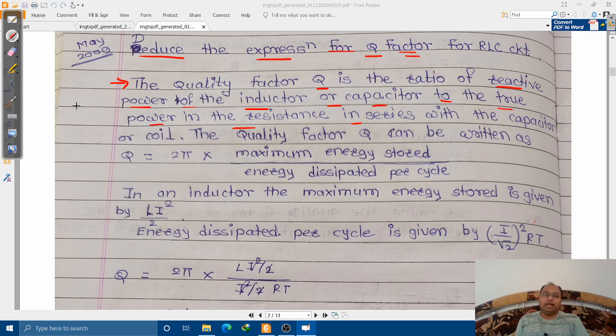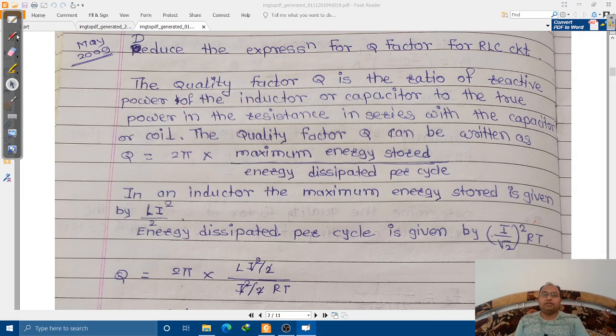Remember that we always connect the resistor in series with the inductor. We'll see this in the later portions. Till then, just remember that we need to connect one series resistor with the capacitor and inductor so that it will work properly.